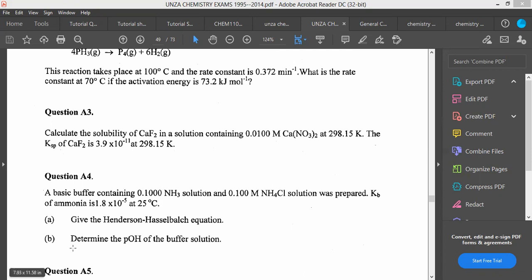Then determine the pOH of the buffer solution. First find the pKb from this given value, place it there, plus this on top, this beneath, calculate, and you'll be able to find the pOH. So this is how straightforward this particular question was.